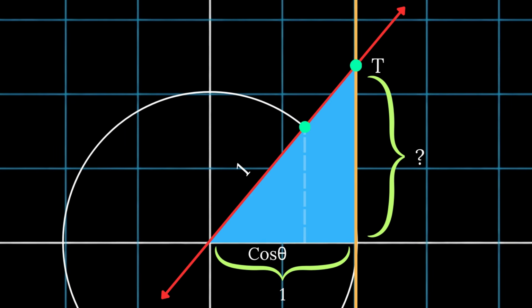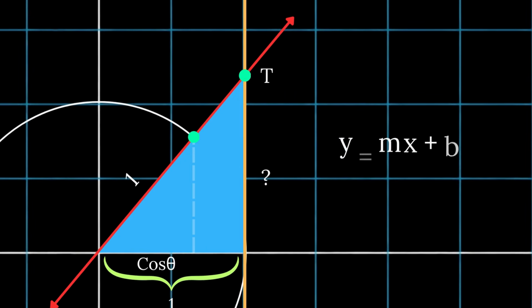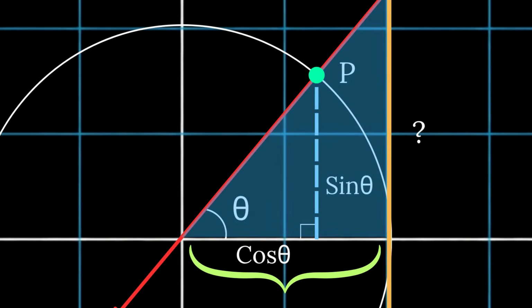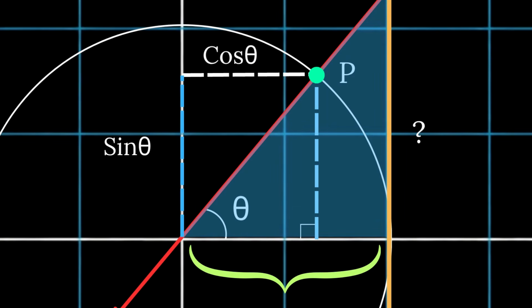Let's write the equation of our line in y equals mx plus b form. The slope of the line is simply the rise over the run. So if we isolate our view to the origin point and point P, we can reason that to get from the origin to point P, we must rise sine of theta and run cosine of theta.